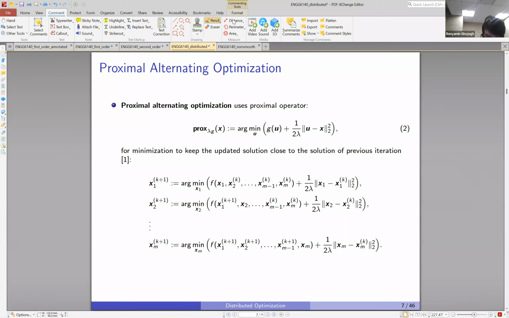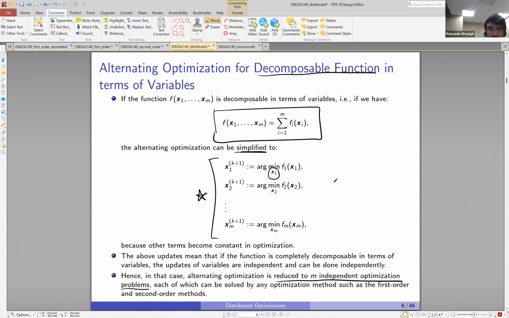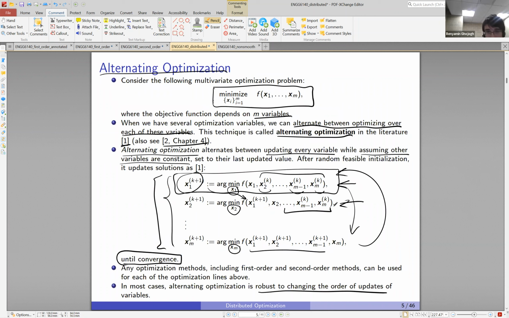Now let's talk about proximal alternating optimization. Do you remember the proximal operator we talked about? For minimization, we can use this. Do you remember I said in alternating optimization, in each of these, you can use any optimization algorithm that you want.